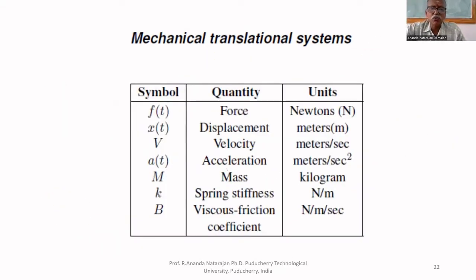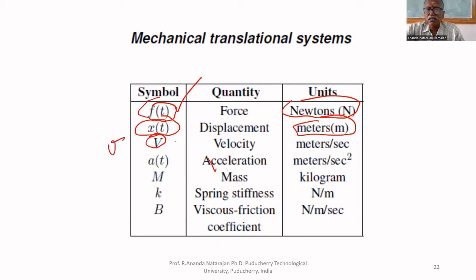Now, let us review the quantities in the mechanical translational system. One is the applied force F of t, in Newton. Then displacement, that is the output, x of t, in meter. Then velocity v, in meters per second. Then acceleration, in meter per second square.